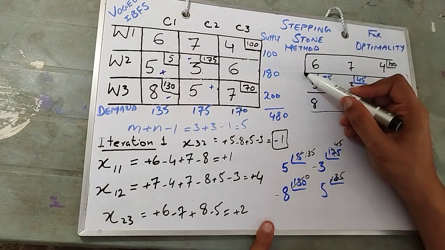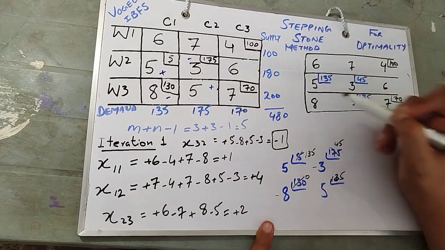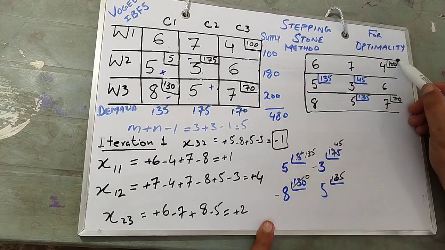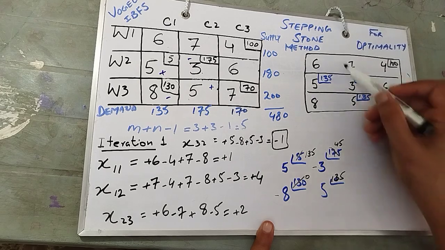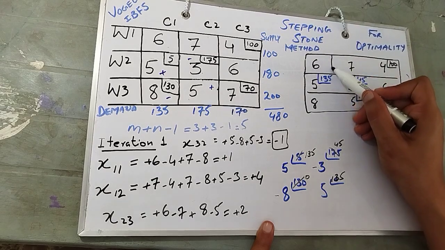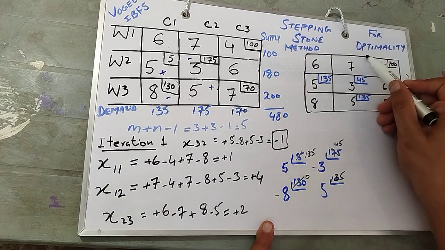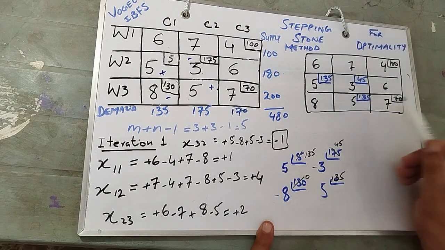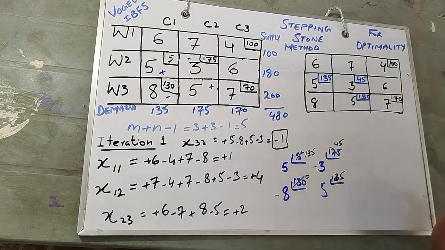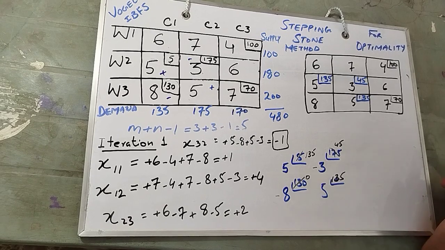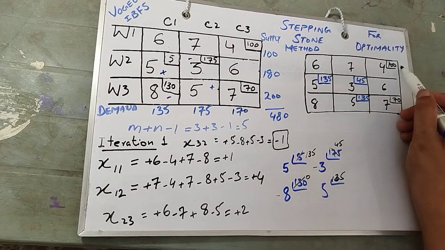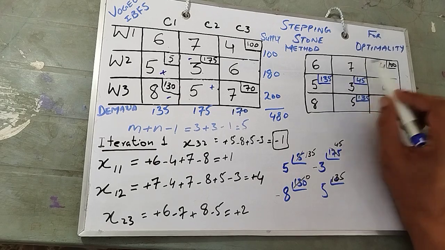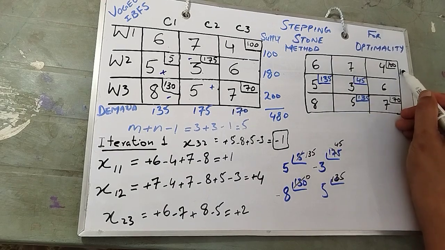So you see, we are done with the new allocation after the first iteration. I'm just about to complete this, and then you will move ahead. Now the important thing is we need to see whether the demand and supply are equal or not. Very, very important, so that we can move ahead. 100, you see, 0, 0, 100.